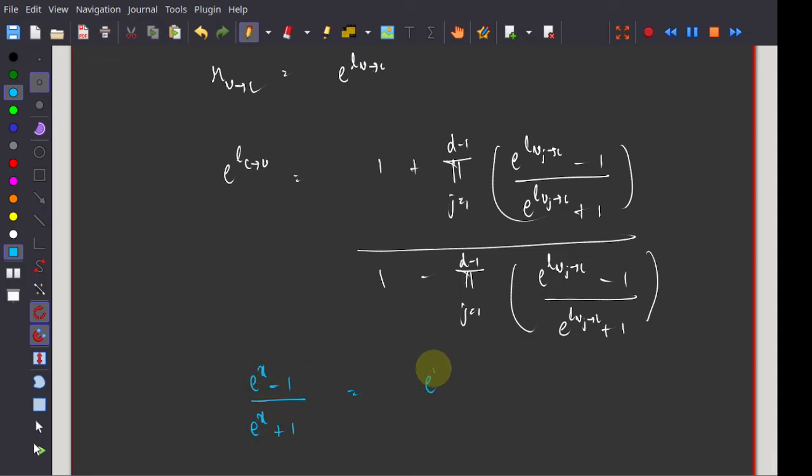I get e raised to x by 2 minus e raised to minus x by 2 divided by e raised to x by 2 plus e raised to minus x by 2.